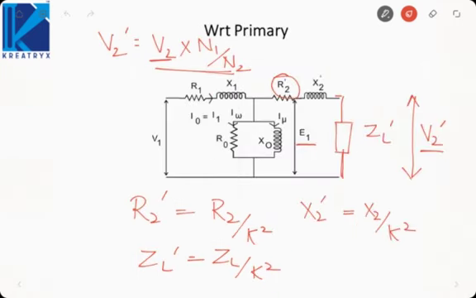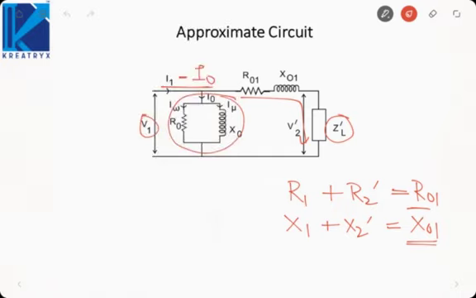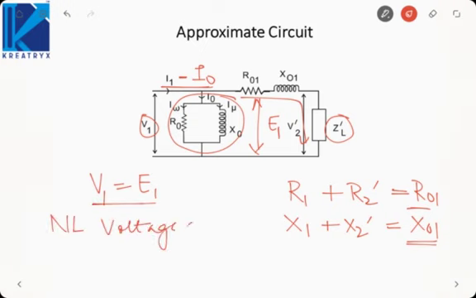But now if you consider this circuit here, we will see that V1 will be equal to E1. There will be no voltage drop in the circuit. So what I will say is, no load voltage drop is neglected. By making this approximation, we have neglected any no load voltage drop.